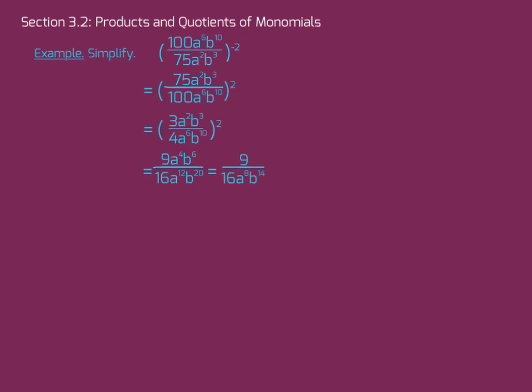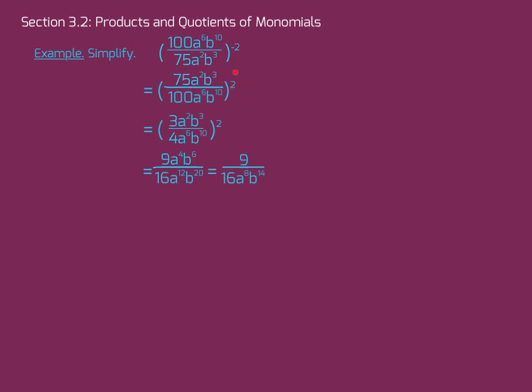For example, I got rid of the negative exponent first by flipping, taking the reciprocal of the fraction that was inside. Again, that's ultimately using that b to the negative n equals 1 over b to the n property. However, I could have simplified first and then taken care of the negative exponent.